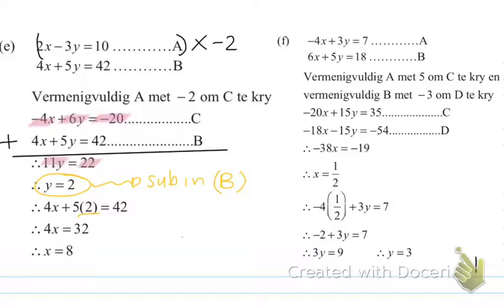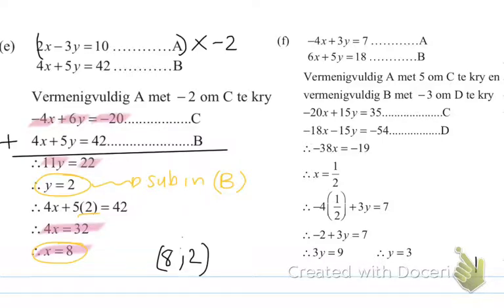Then I take the 5 times 2 is 10. I take it over to the other side and subtract 10 on the other side. So I get 4x is equal to 32. And divide by 4 to get x is equal to 8. Then I write my coordinates 8, 2. Remember, it's always the x value first and then the y value.